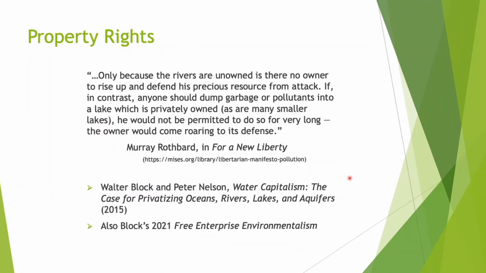On this, you could see Walter Block and Peter Nelson's book, Water Capitalism, and also Block's 2021 Free Enterprise Environmentalism. Both of those make similar points, that if you are able to define property rights, then you're going to go a long way towards solving this tragedy of the commons.